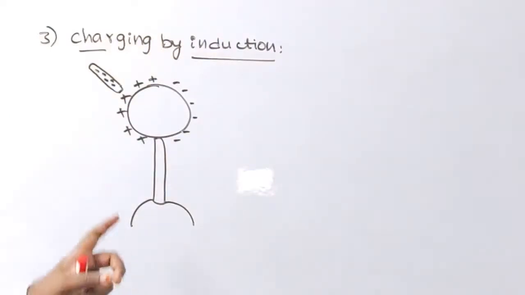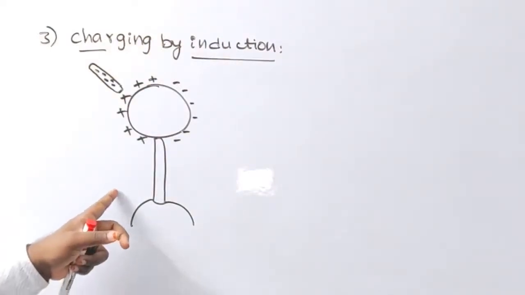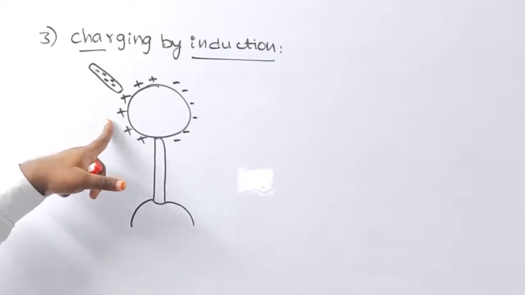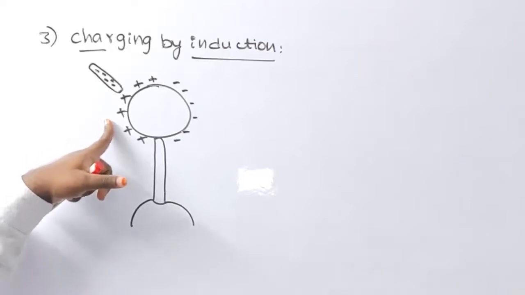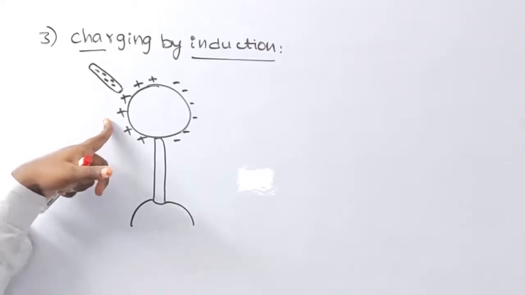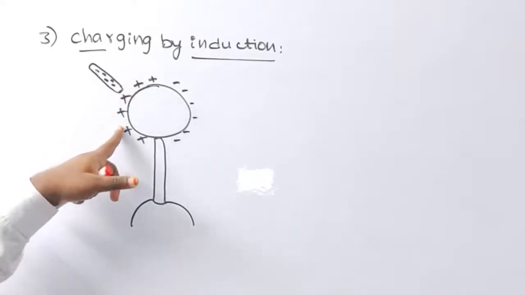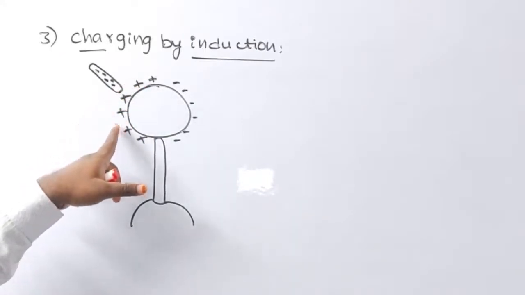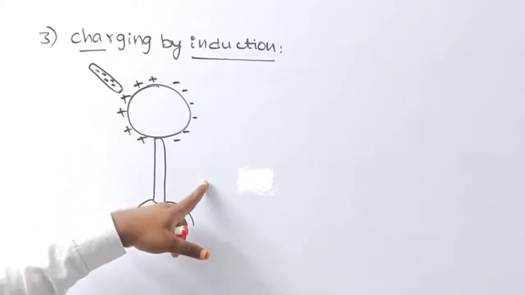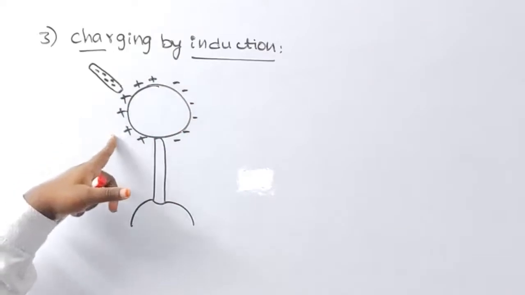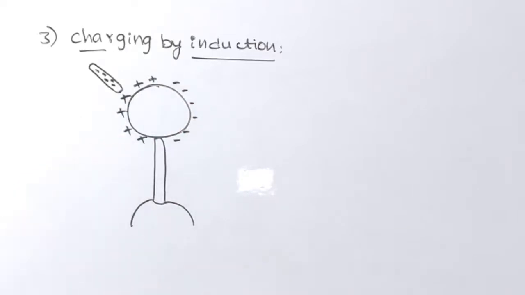In the sphere, the free electrons close to the rod move to the other side by repulsion. As a result, the part of the sphere nearer to the rod becomes positively charged, and the part farthest from the rod becomes negatively charged.